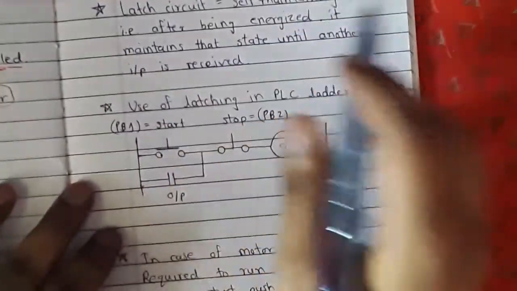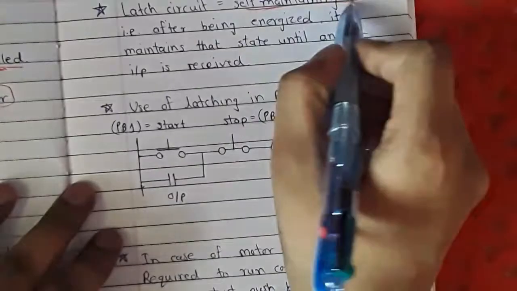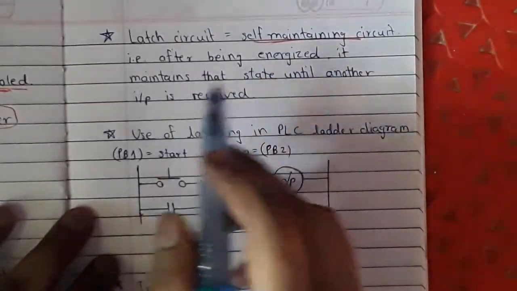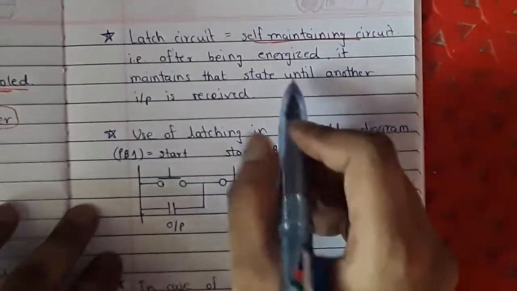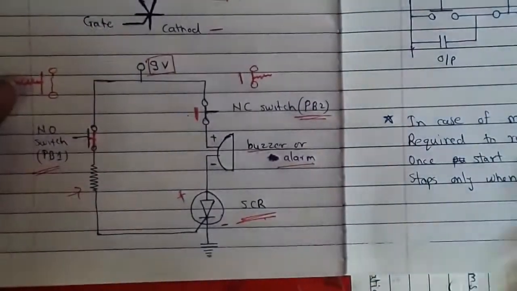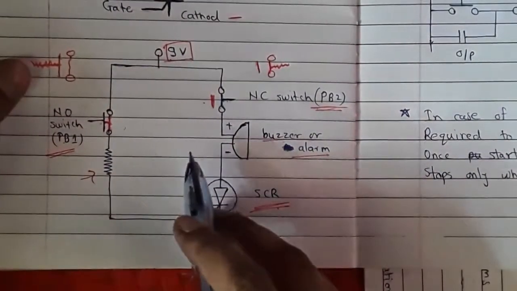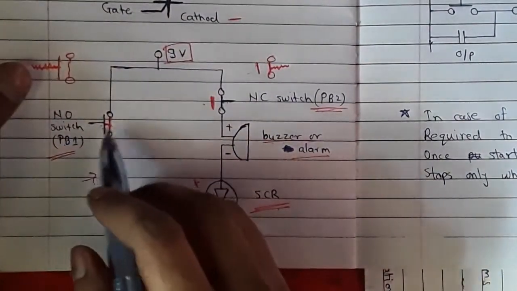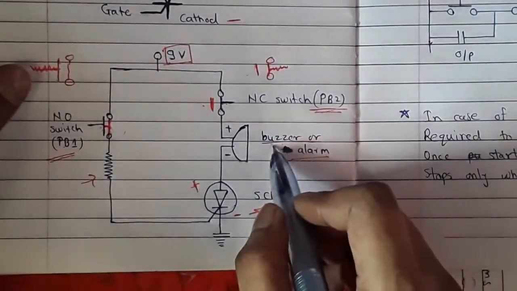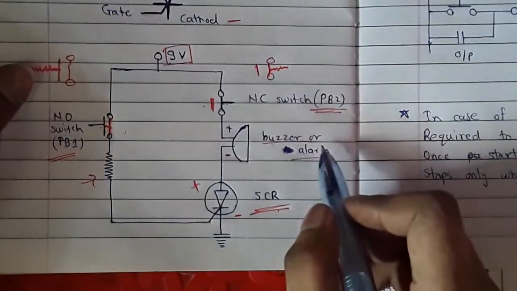Friends, latch circuit is a self-maintaining circuit, that is, after being energized, it maintains that state until another input is received. Here friends, as we have seen in this case, when we give one input, it remains in the on position, that is buzzer remains in alarming position.